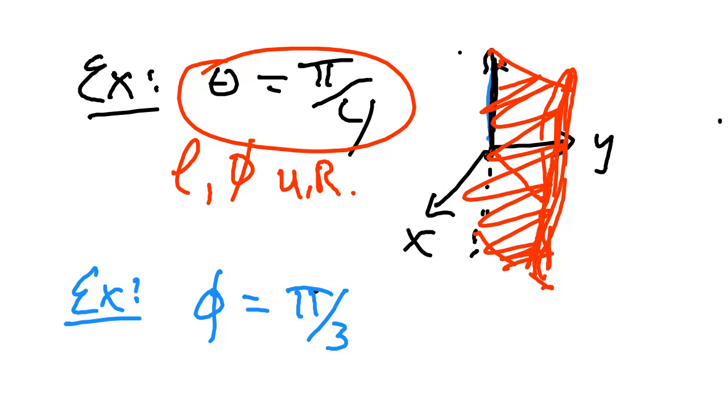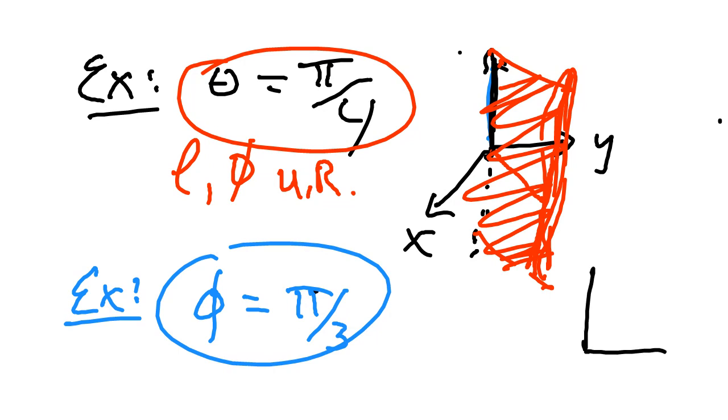And then the next one, when we have phi equals pi over 3. So let me put my axes in here, x, y, z axis there. For phi, once again, phi is the angle down, pi over 3, but what's unrestricted? So we have rho unrestricted, distance away, and theta.